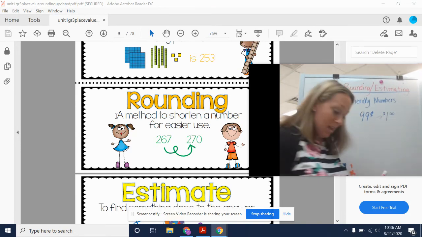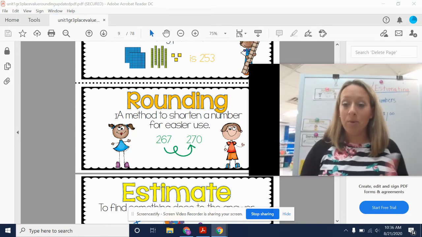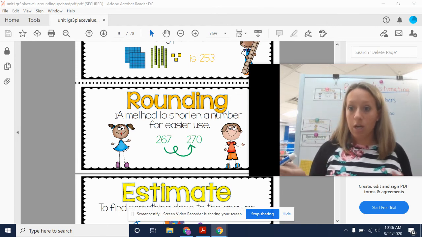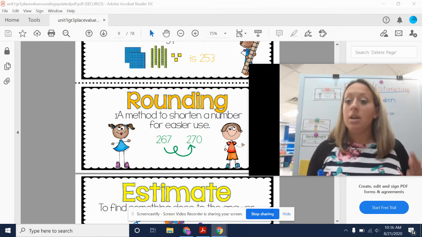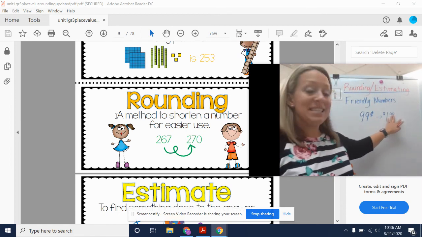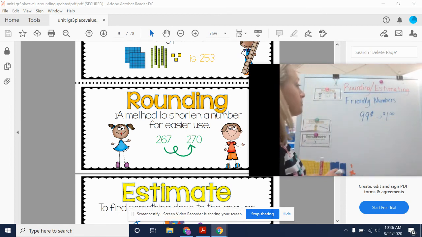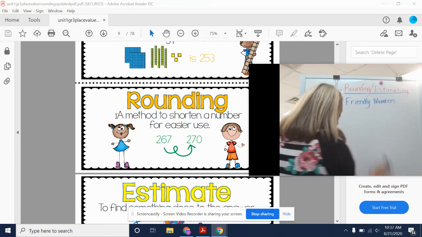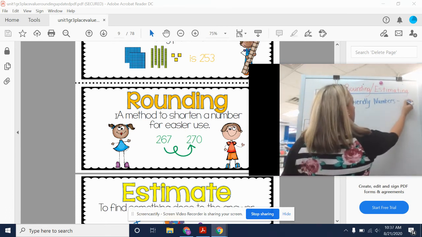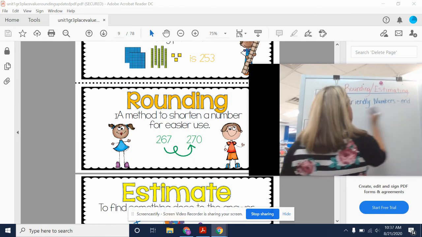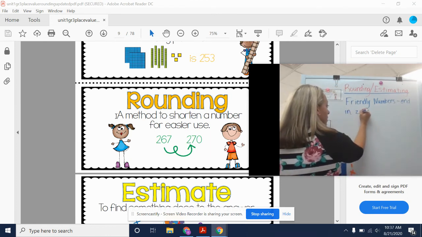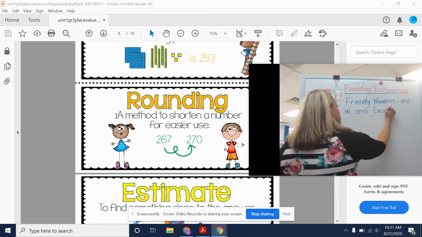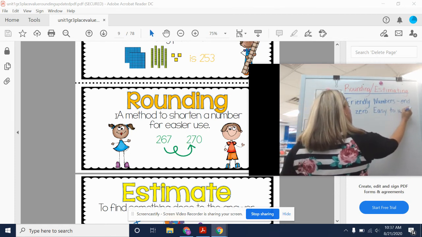Anytime that we pay at the store, we don't count out 99 cents. If something costs 99 cents, we hand the cashier $1. She gives us back a penny. Friendly numbers end in 0, okay? The reason that we call them friendly is they are just super easy to work with. So they end in 0, and they're easy to use.